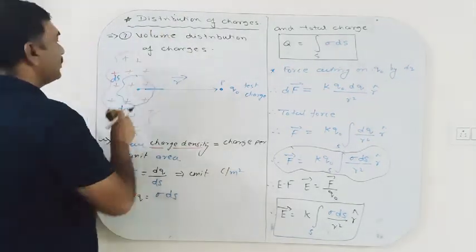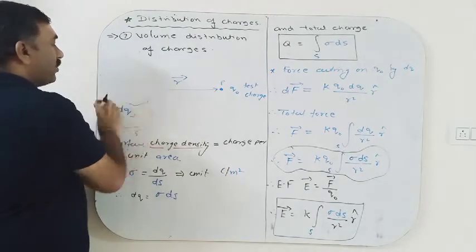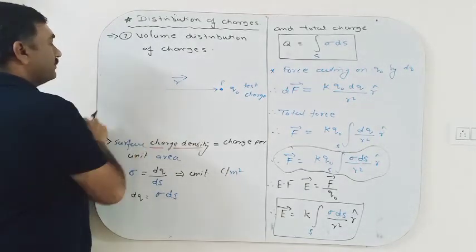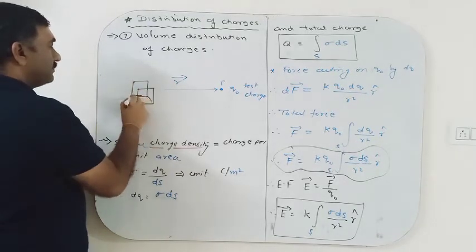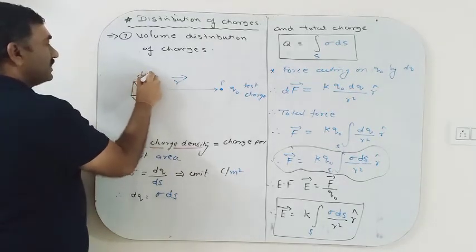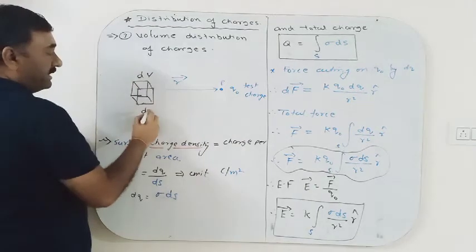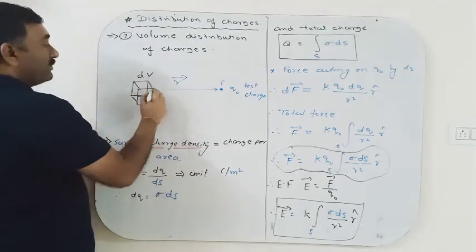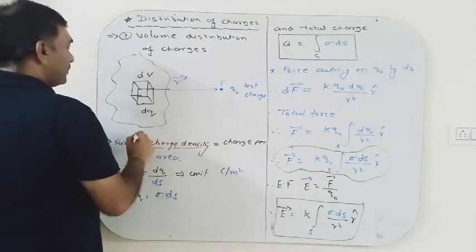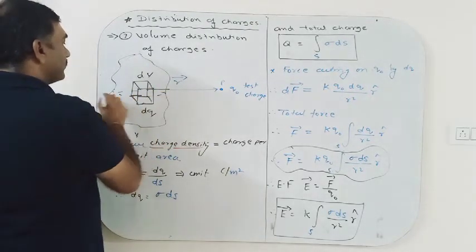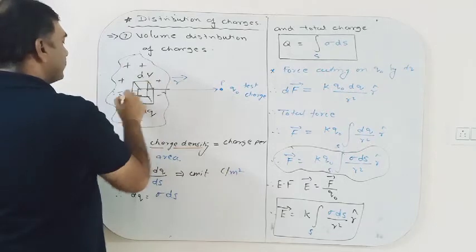In the volume distribution we take a small volume element dV. This small volume element contains dq amount of charge.